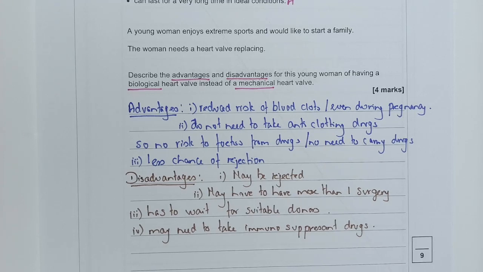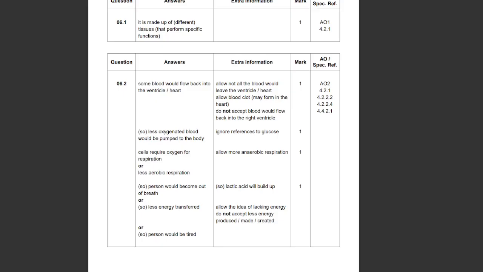Okay, let me look at the marking scheme and go through what it is saying. So in the marking scheme 6.1, it is made up of different types of tissues. That's why the heart is an organ. And what happens if there's a backflow? Some blood would flow back into the ventricle, so there's less oxygenated blood to be pumped to the body.